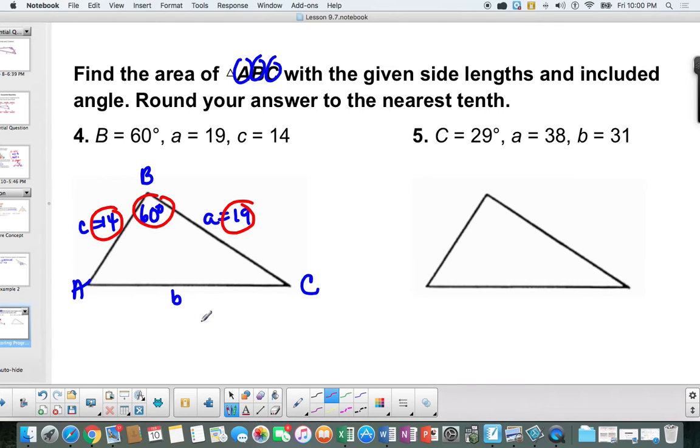So our area will be equal to 1/2 times 14 times 19 times the sine of 60 degrees. And when we put it in our calculator, that's going to be about 115.2.